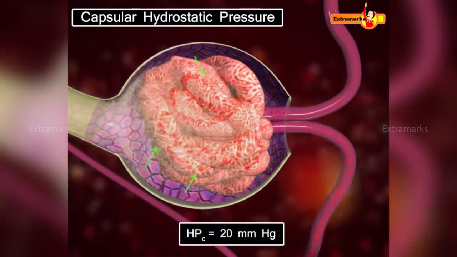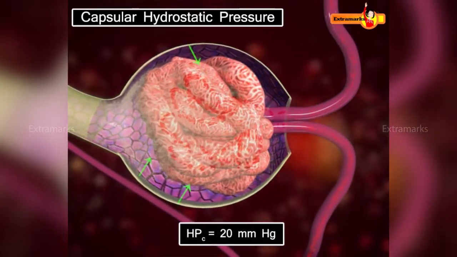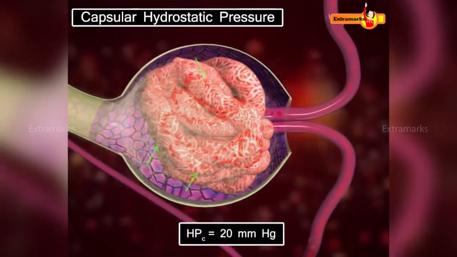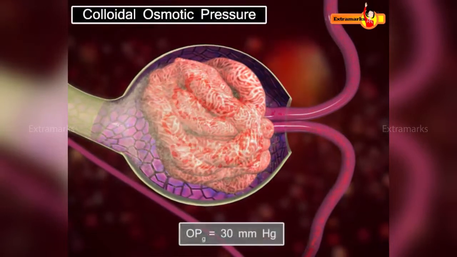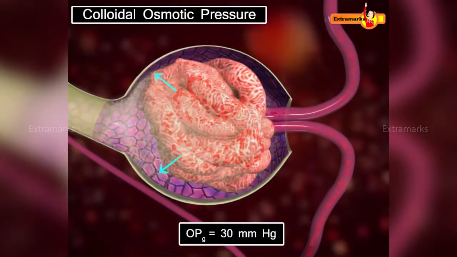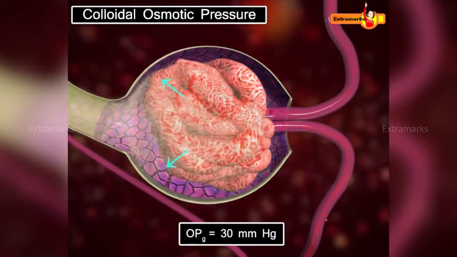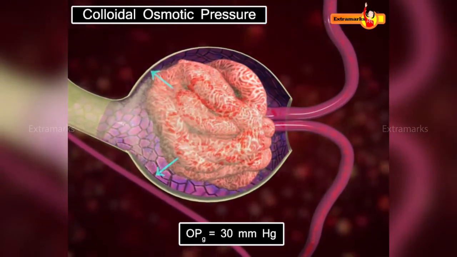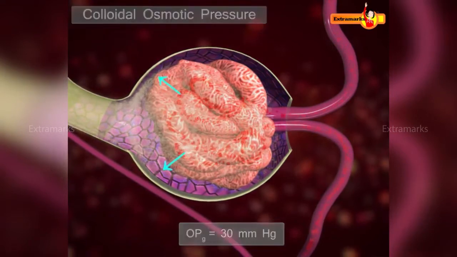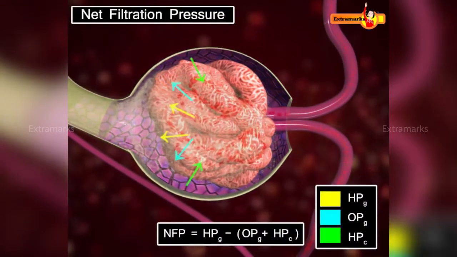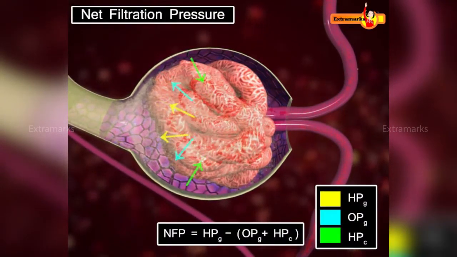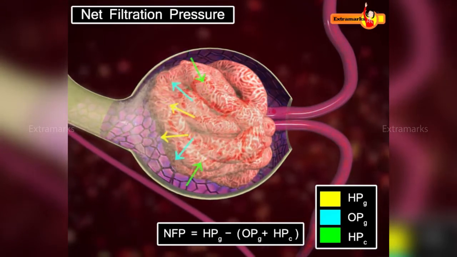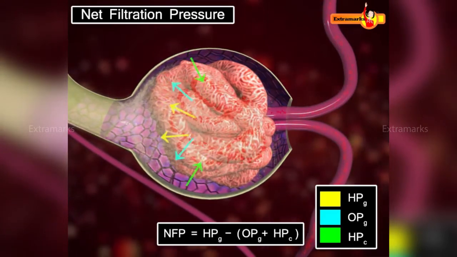The required capsular hydrostatic pressure is 20 mm of mercury. Also, colloidal osmotic pressure of blood exerts force against capillary pressure, that is 30 mm of mercury. The net filtration pressure, NFP, is the effective result of all the three types of pressures.